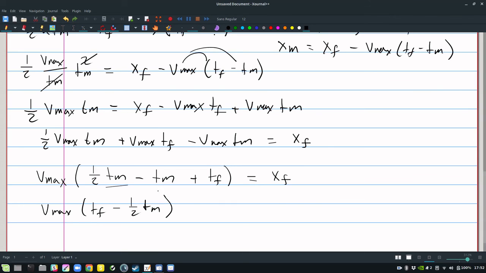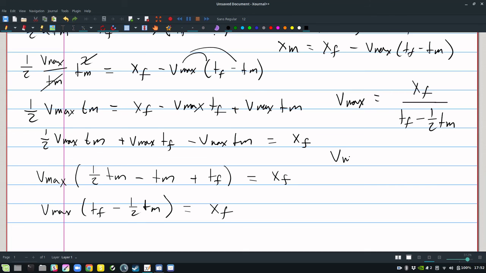Right, so these two things are common, like it's a half of something minus a full something, so that's negative a half of that something. And then tf is just still there, and we have xf. So our maximum velocity reached by the sprinter is xf divided by t final minus 1/2 of tm.